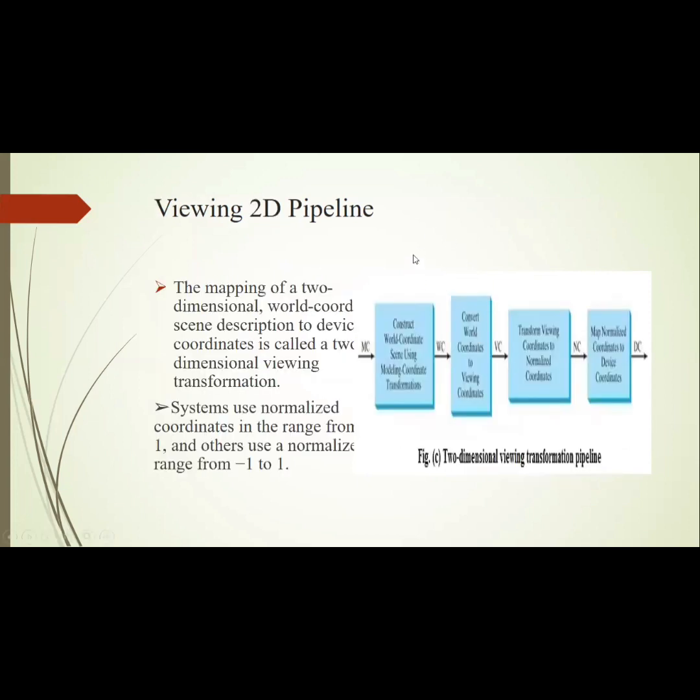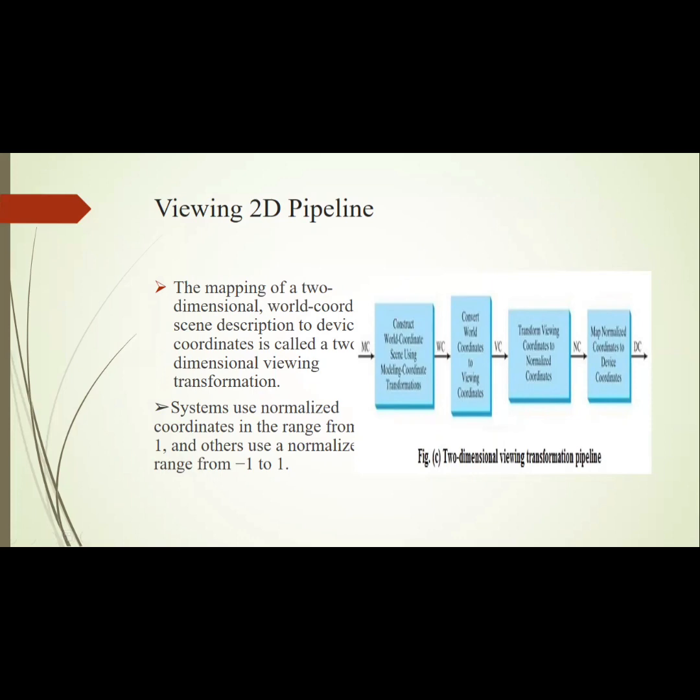So what is the 2D viewing pipeline? The mapping of a two-dimensional world coordinate scene description to device coordinates is called a two-dimensional viewing transformation. As you can see in this picture, first from the MC, that is modeling coordinates, we construct the world coordinate scene using the modeling coordinate transformation.